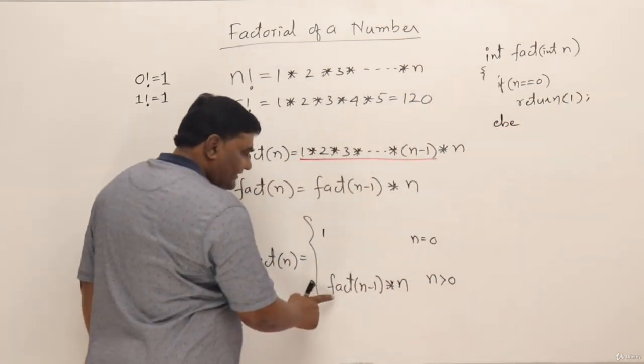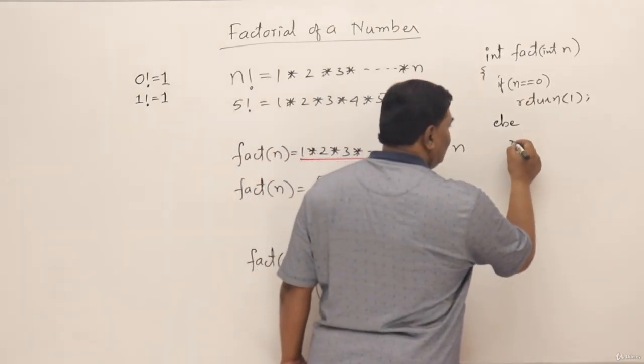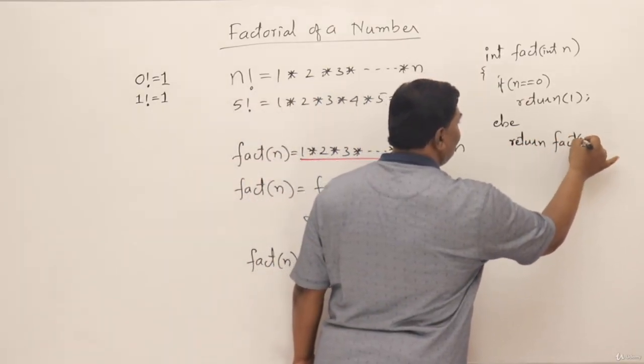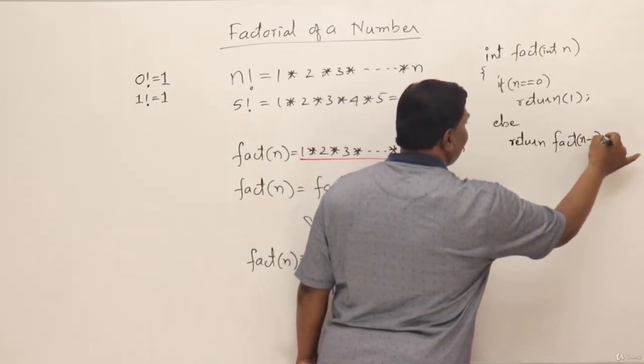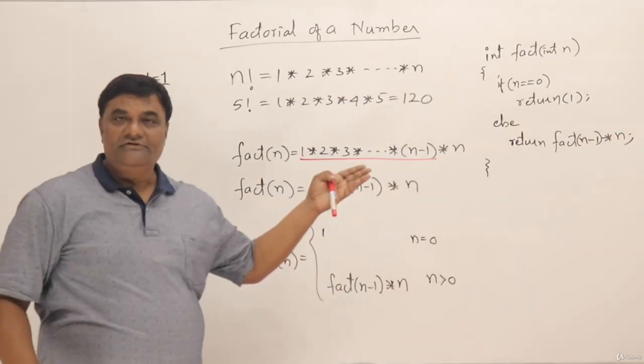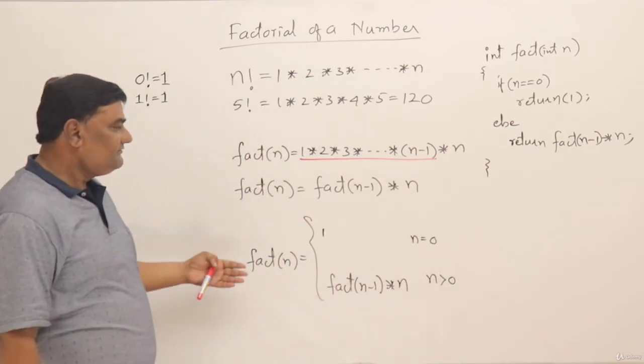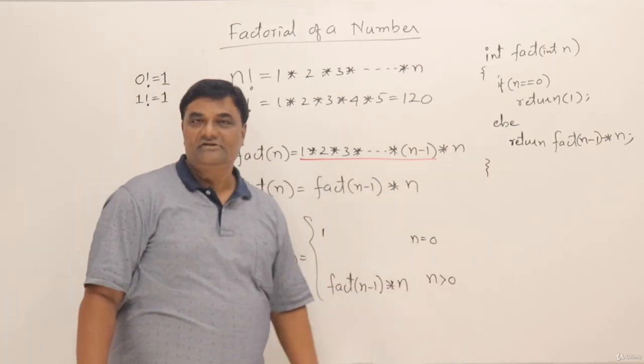Else return factorial of n minus 1 into n. So writing a recursive function is so easy, you can directly convert a formula into a recursive function.